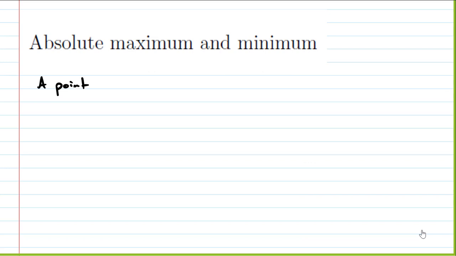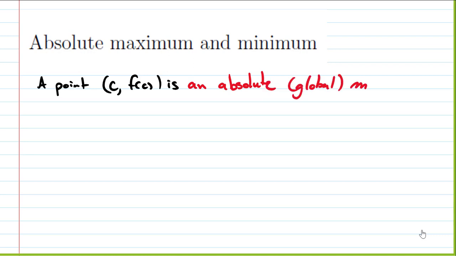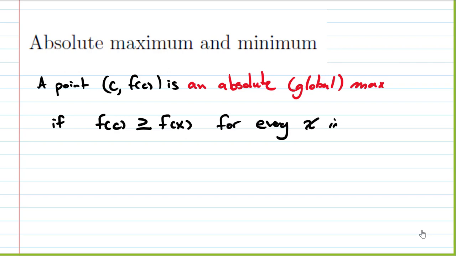A point C, f of C is an absolute max or global max if f of C is greater than or equal to f of x for every x in the domain of f.